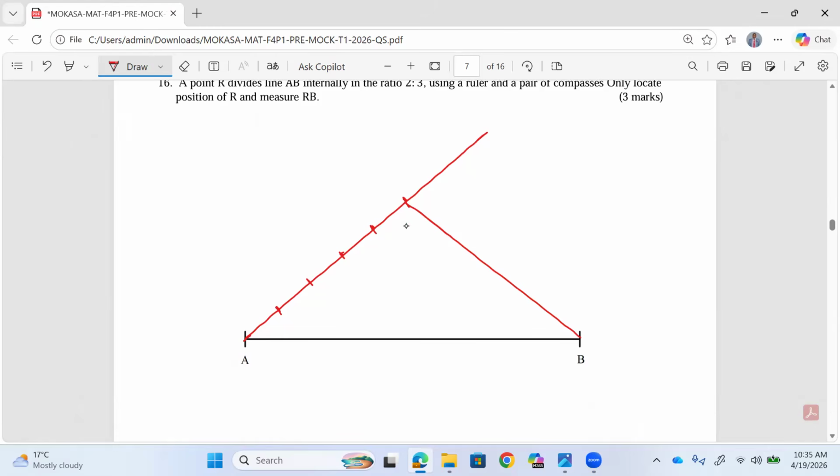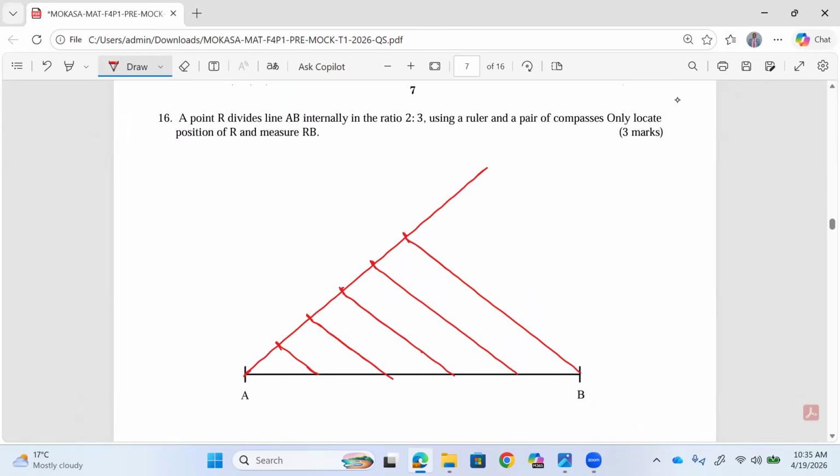Parallel to the first one, so you ensure that they are all parallel. By doing that, we discover that the line AB has been proportionally divided into 5 equal parts: 1, 2, 3, 4, 5 equal parts.